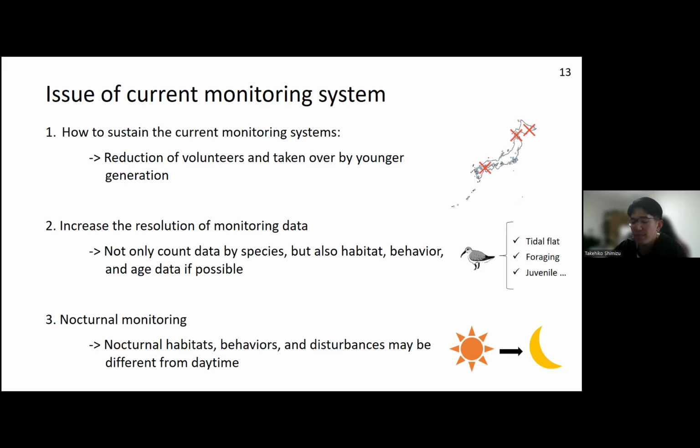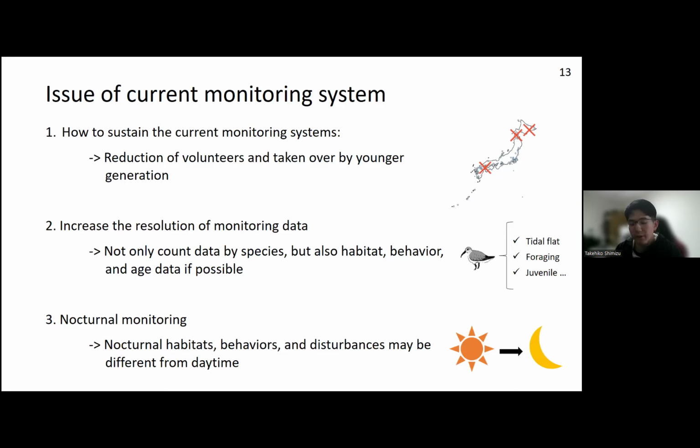For example, in Japan, urbanization and a highly aged society are likely to reduce volunteer surveyors of the monitoring. This problem has already happened, and some sites halted the annual survey due to lack of regional bird watchers. So surveying should be taken over by the younger generation gradually.